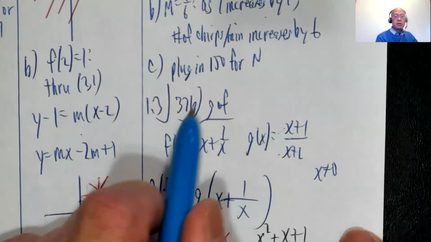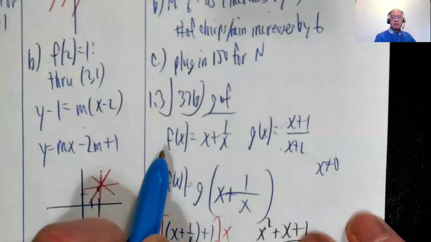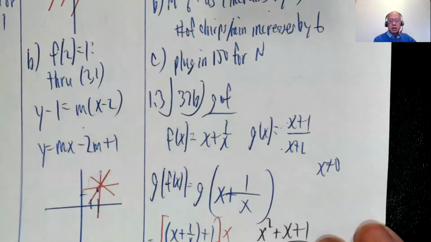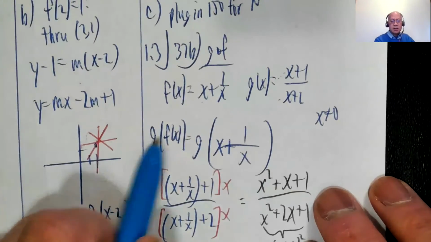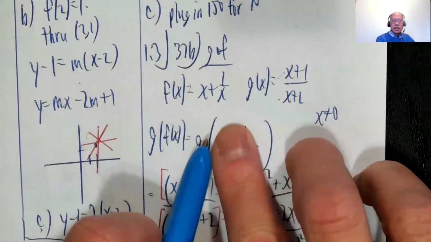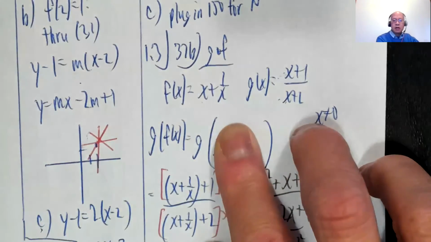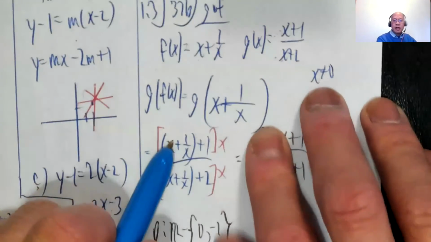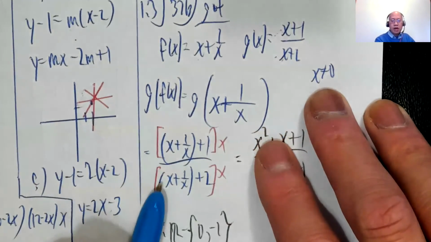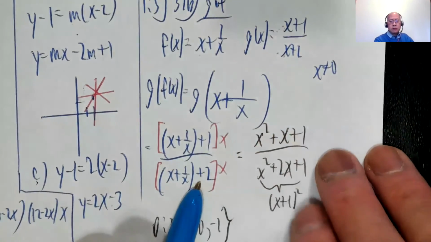1.337b, g circle f. Here's f, here's g. So g of f of x is g of all this mess, and this mess goes here and here. So x plus 1 over x plus 1 divided by x plus 1 over x plus 2.